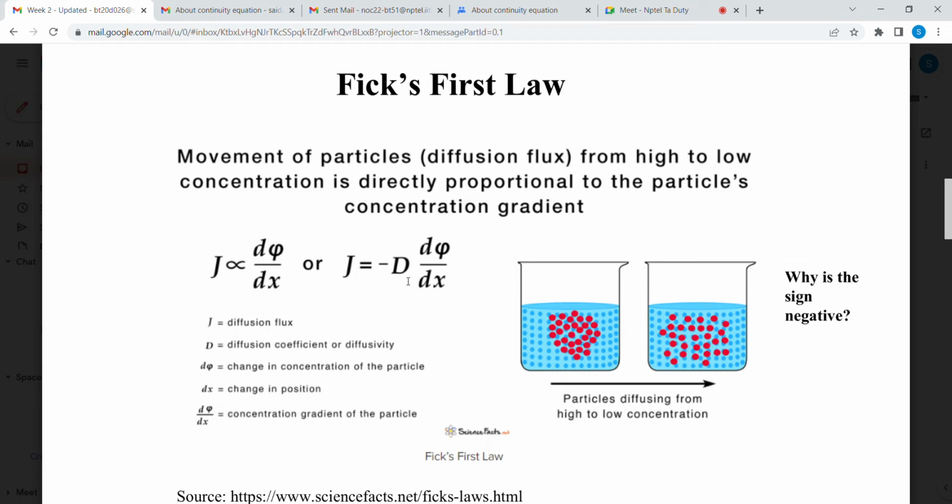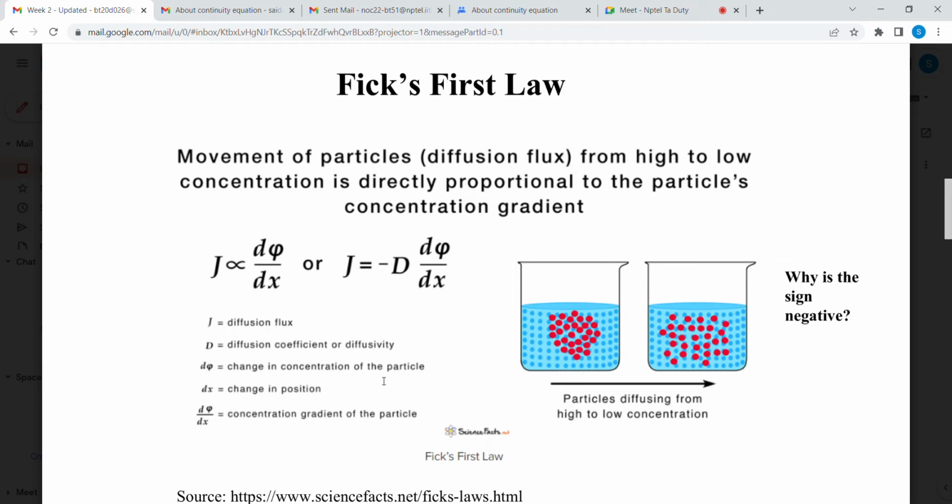Let us first understand what these terms mean, and then we will put these together to understand what the equation means. dφ is a change in the concentration of the particle, in our example, the ink. Change in the concentration profile of the ink. Once you put that ink, how its concentration profile at any given point in the water changes.